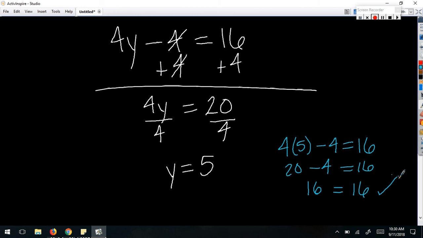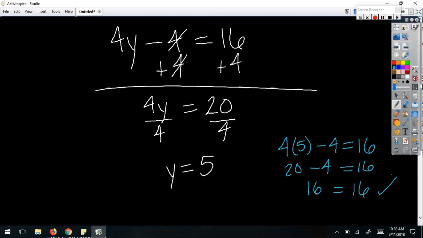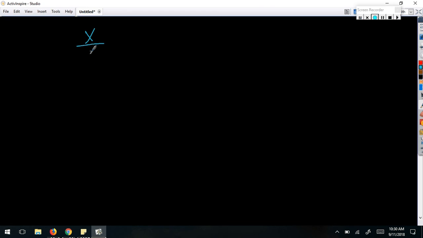I've got to show you a couple more things. I want to make sure I show you every scenario. How about this one: x over 2 plus 5 equals 11. Stay with me, guys.